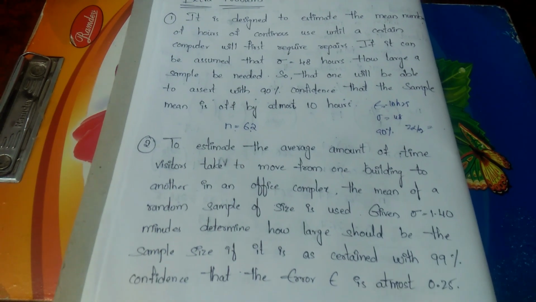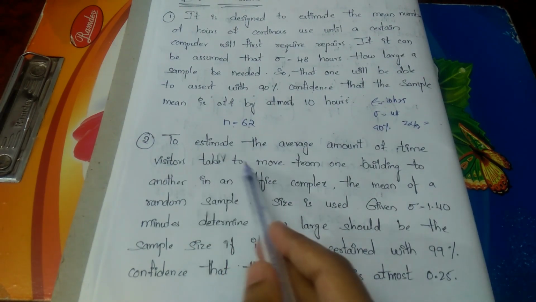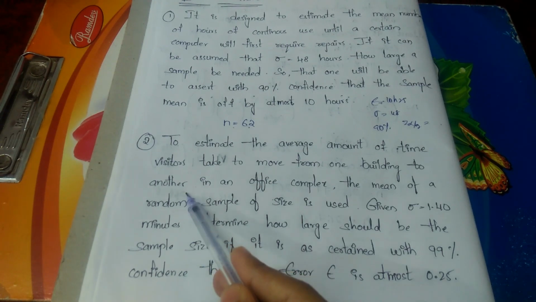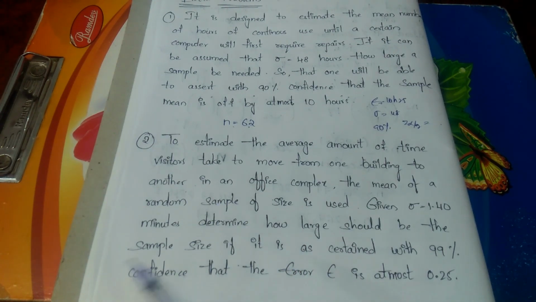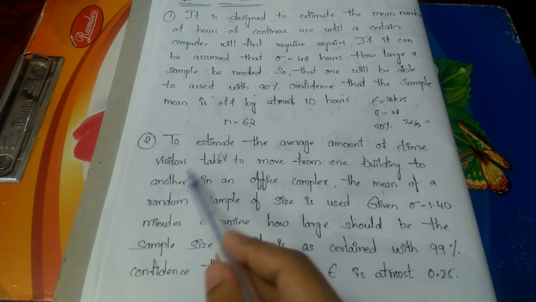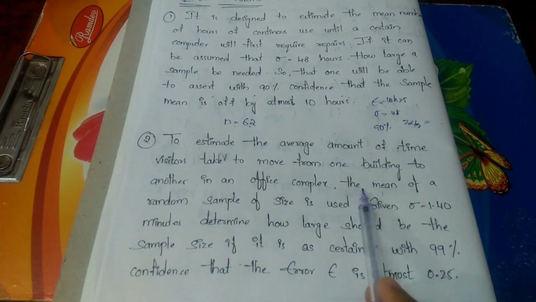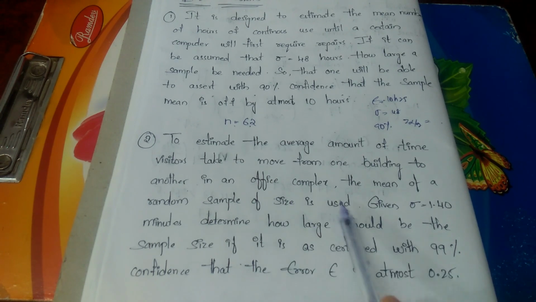Now the second problem: to estimate the average amount of time visitors take to move from one building to another in an office complex. A problem similar to this we have seen, where students take time to move from one class to another class. The mean of a random sample of size n is used.